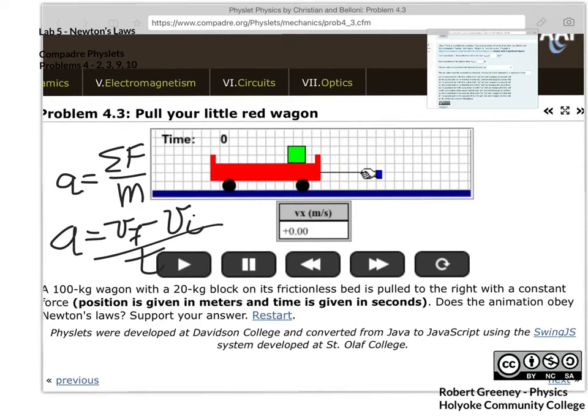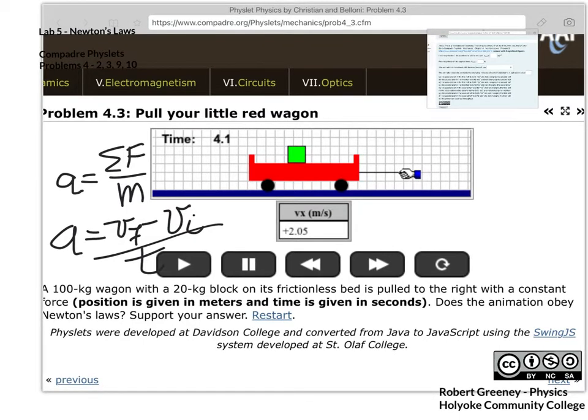So let's start at 0 velocity and 0 time, and let's go for 4 seconds. Whoops, step back. 4 seconds, a velocity of 2.